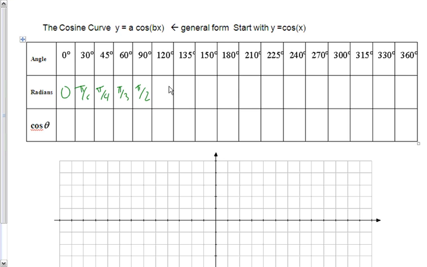See, I was doing it right there. 120 is 2 pi over 3, then 3 pi over 4, 5 pi over 6, and then pi, 7 pi over 6, 5 pi over 4, 4 pi over 3, and 3 pi over 2. And then the last set, 5 pi over 3, 7 pi over 4, 11 pi over 6, and then 2 pi.